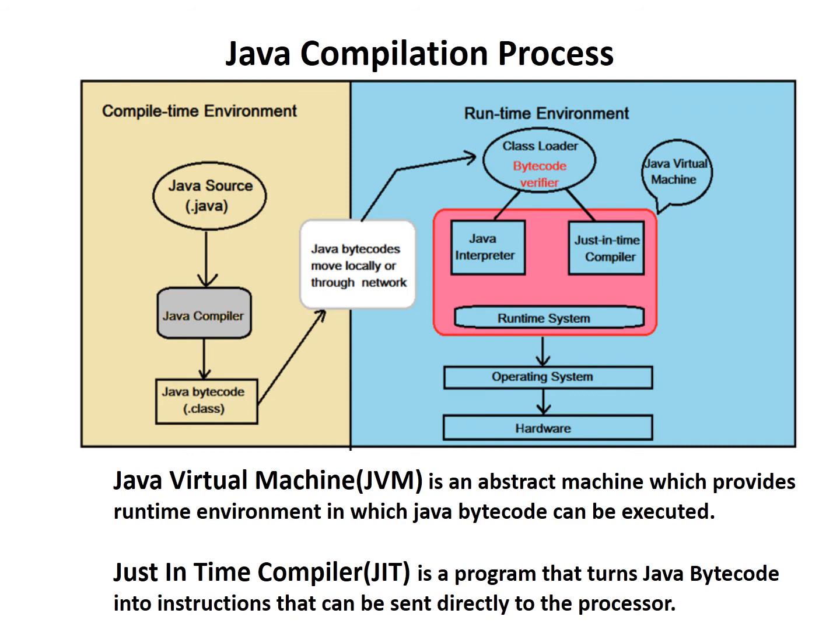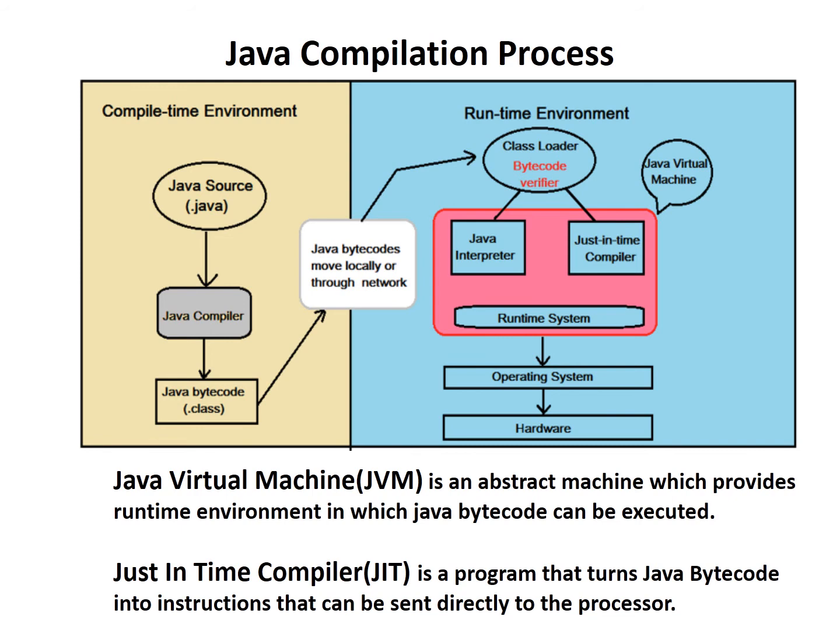And in this Java virtual machine we have two things, that is Java interpreter or just-in-time compiler, which will interpret the instructions of the bytecode and it will convert the bytecode into the machine executable code, hence making Java a platform independent language.